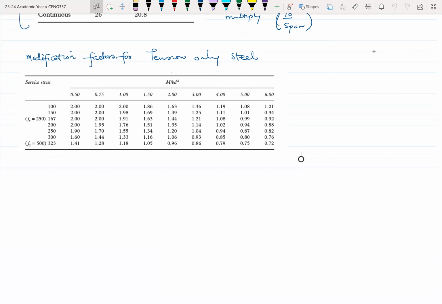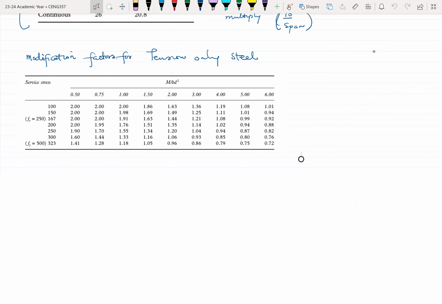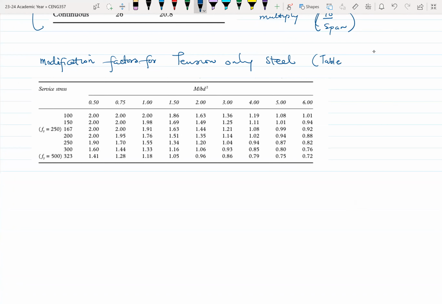All right. So this is the modification factors table for tension only. That's fine also for compression reinforcement. Let me just put that down also there. So for the tension reinforcement, the modification factors for tension only steel are found in table 3.10 I think, in BS 8110.